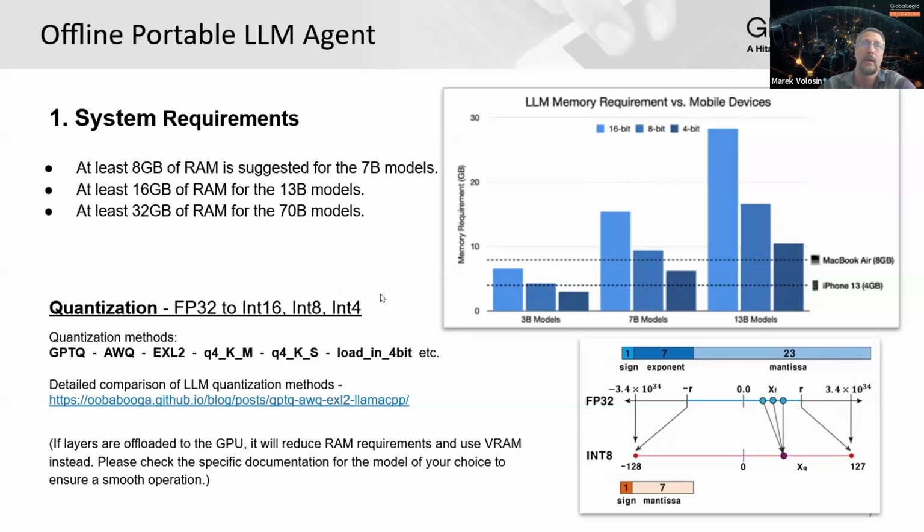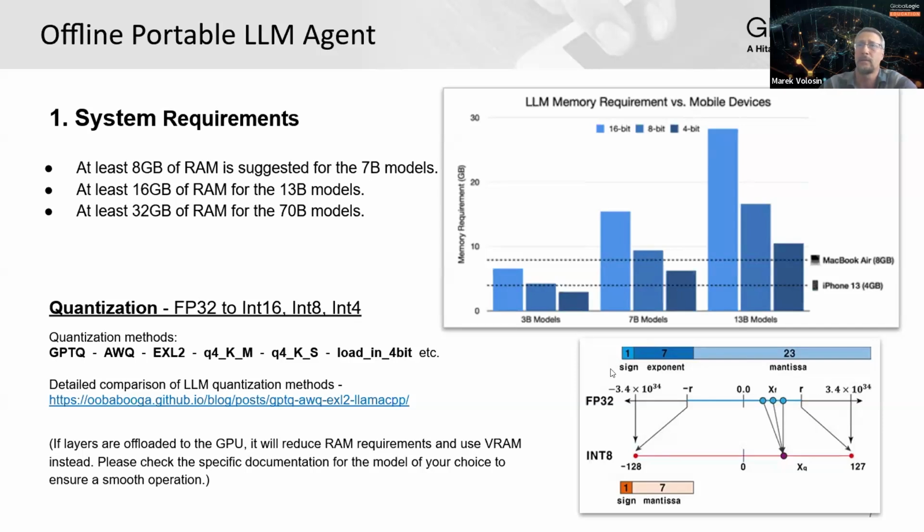So we use some very small versions of those models, for example a 7 billion parameter model, and only 4-bit integers used.